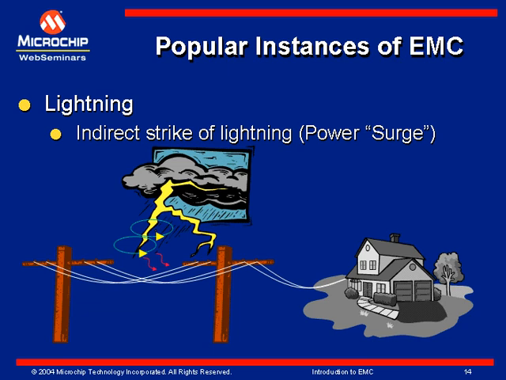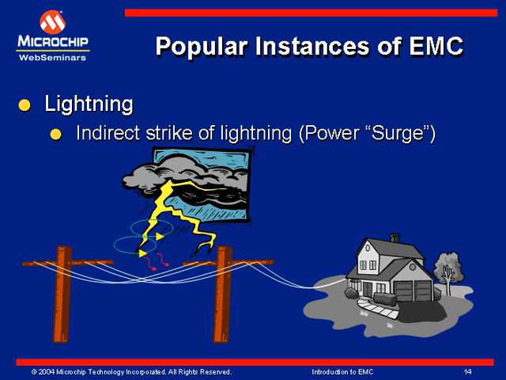Now the next one is a power surge, or indirect strike of lightning. You get power typically from cables. They may be underground or overhead, and lightning may strike those cables, and that can create an indirect strike of lightning for whatever equipment or system is getting power from the power line, and that's called a power surge.